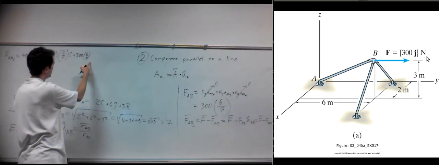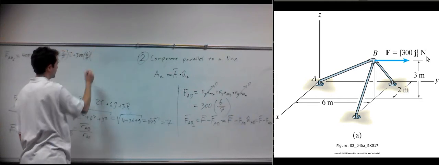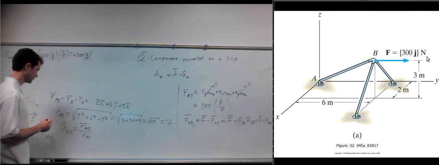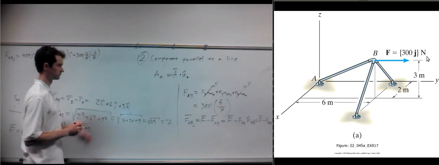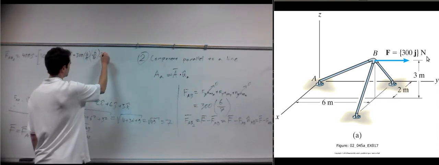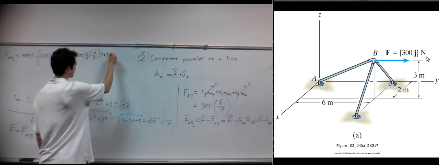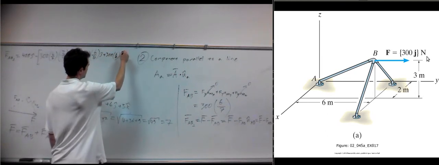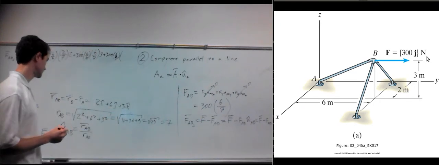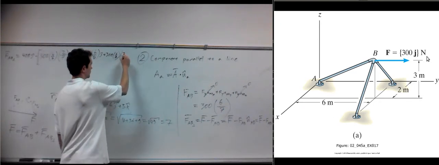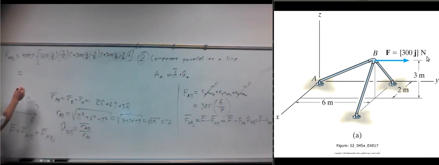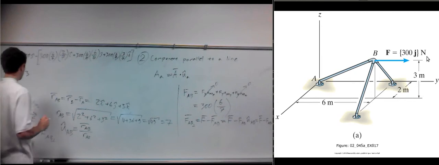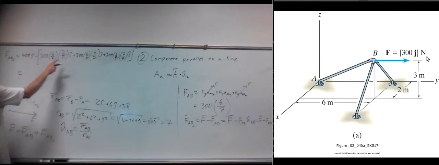So there's the magnitude FAB, and we want to multiply that by the Y component of the direction from A to B. So Y component is 6 divided by 7. Magnitude FAB, and now the direction is 3 over 7 times k. Got to remember the minus sign out here in front.